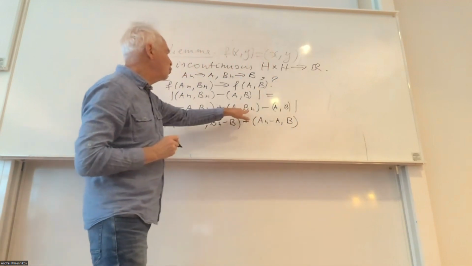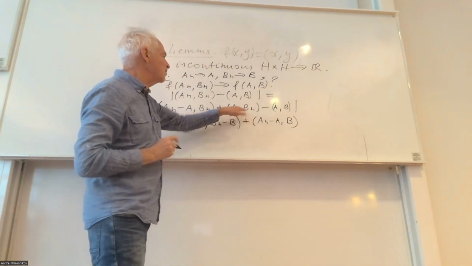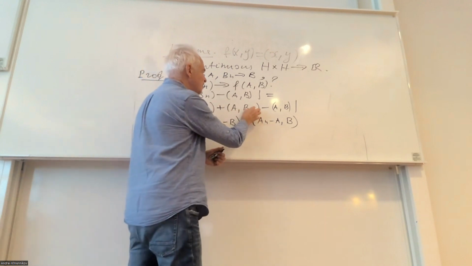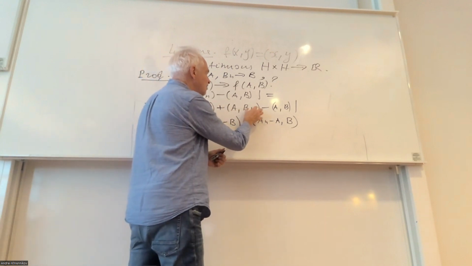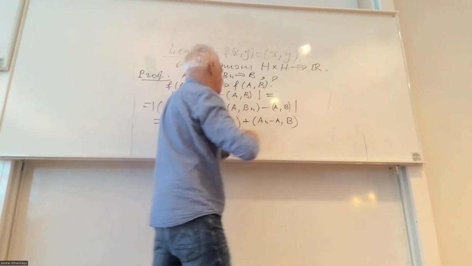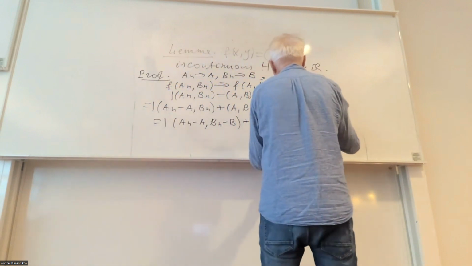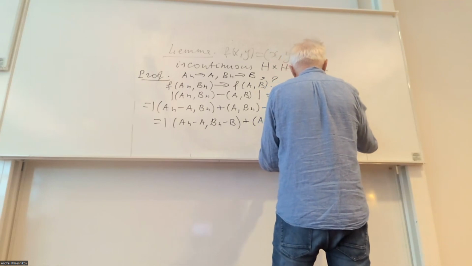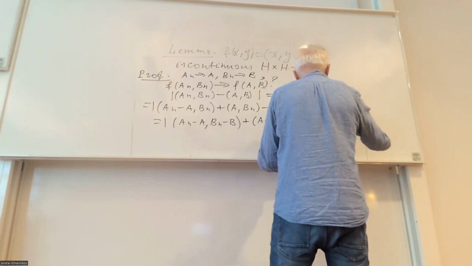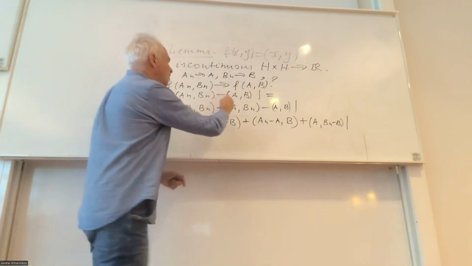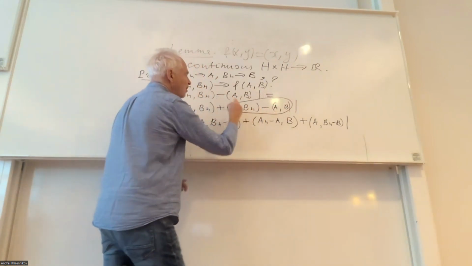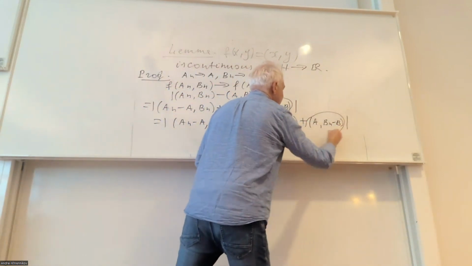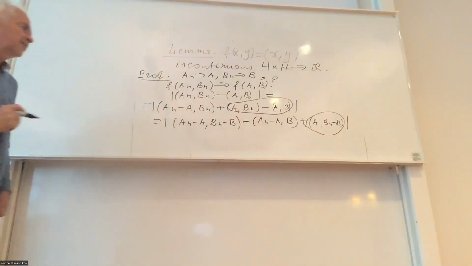And then it is good to write this another way. This is linear with respect to this argument, so I can write the last term as a with bn minus b. If you open the brackets, it gives the same.